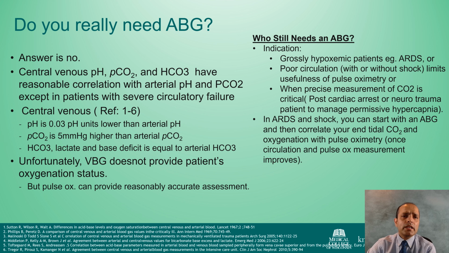But unfortunately, venous blood gas does not provide information on patient oxygenation. But in people without circulatory failure, where pulse ox is a reliable measure to estimate oxygenation, you don't really need an ABG.